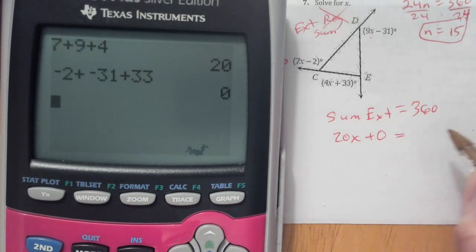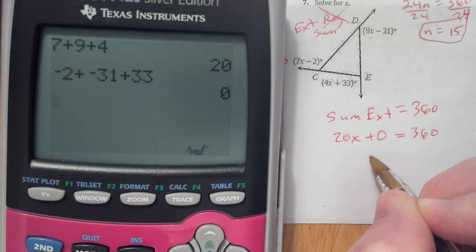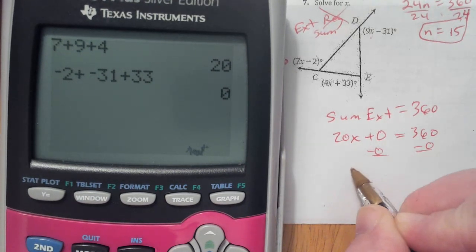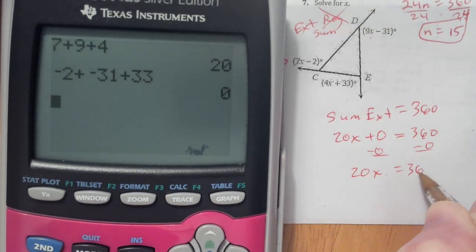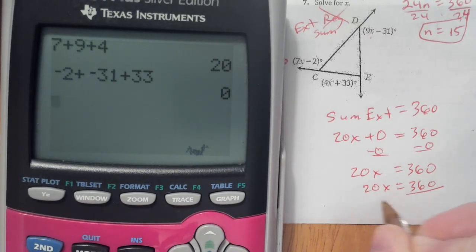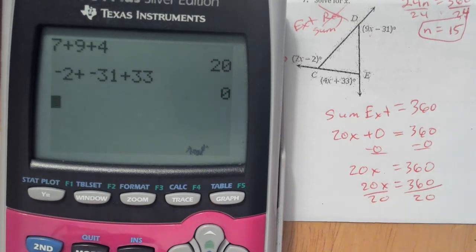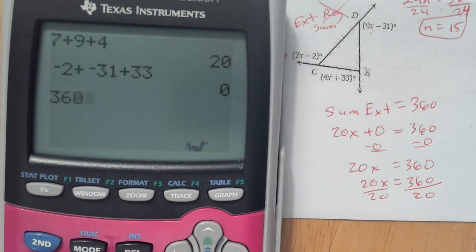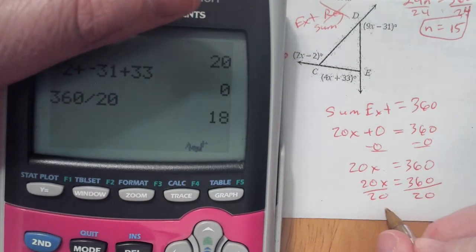Ooh, that's plus 0. Nice. Equals 360. If I subtract 0, that doesn't do anything. So it's just 20x equals 360. Next thing we're going to do is divide both sides by 20. 360 divided by 20, and you pop out with x equals 8.